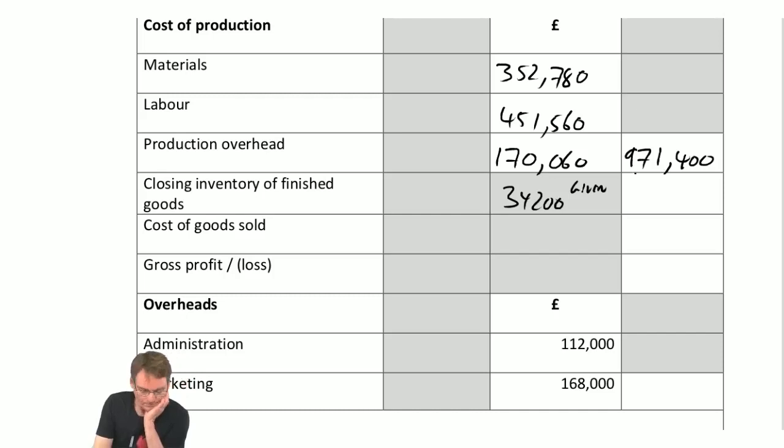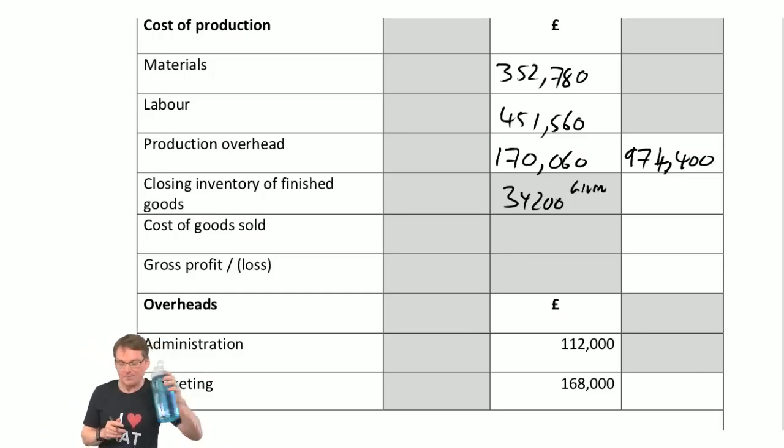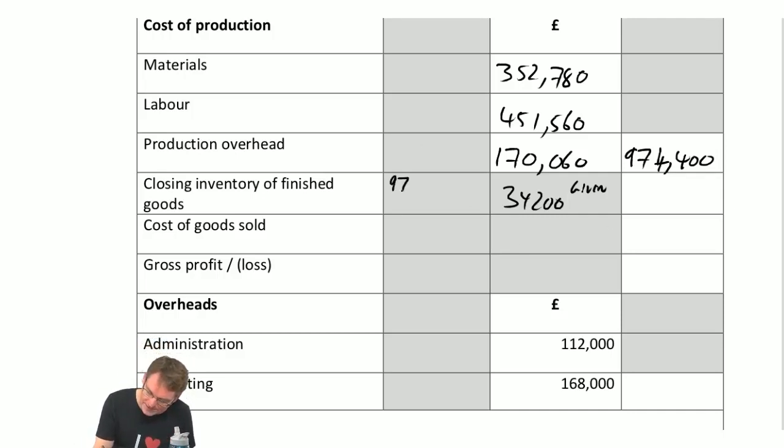Here's our, that's a 974. So I didn't think I was reading my writing correctly. I do apologise. 974,400. Sorry about that. I didn't think I could read it properly. So we have got our total production was 974,400.